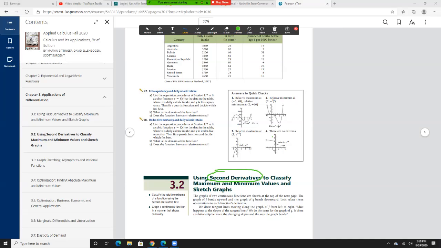For example, in problem number 1, we have a relative maximum here and a relative minimum here, and the derivatives are 0 at those 2 points. In problem number 2, here we would have a horizontal tangent, which means the derivative is 0 at this point. And also here, we have a relative minimum, which means the derivative is 0, and that appears to be at 2.